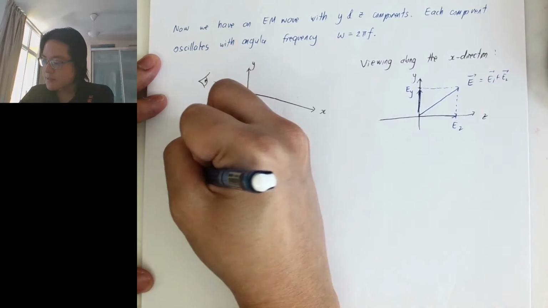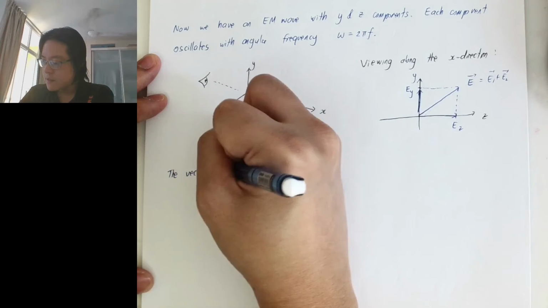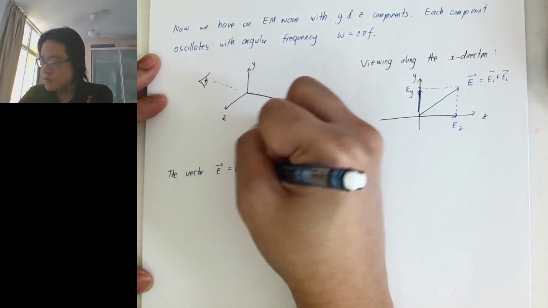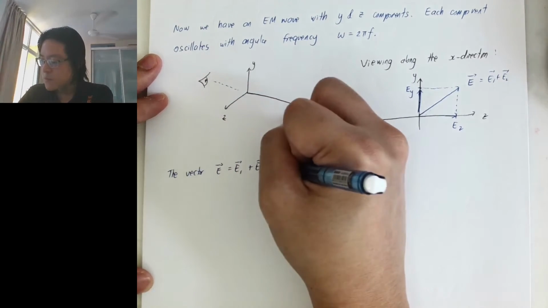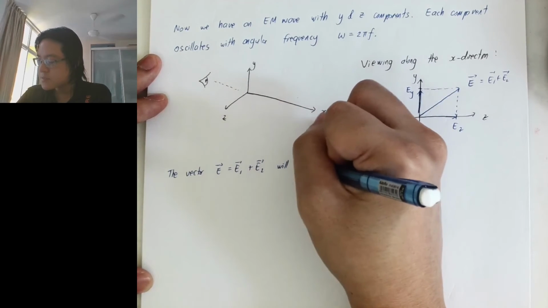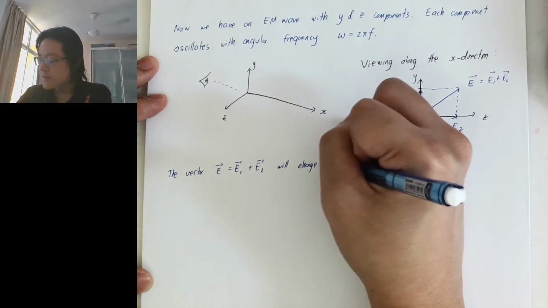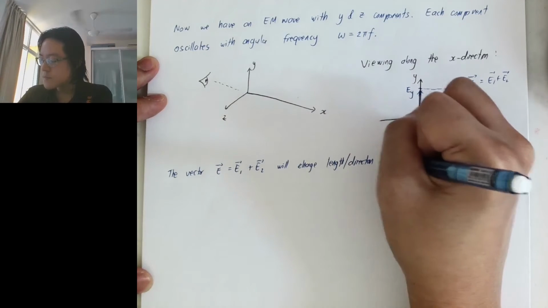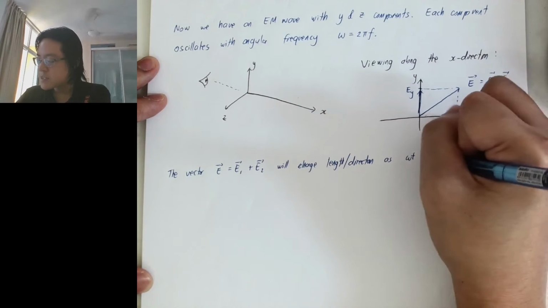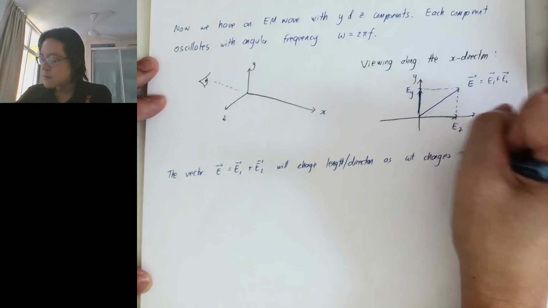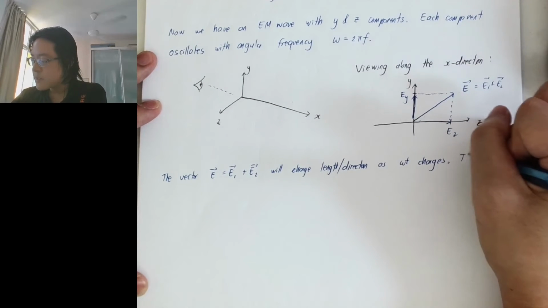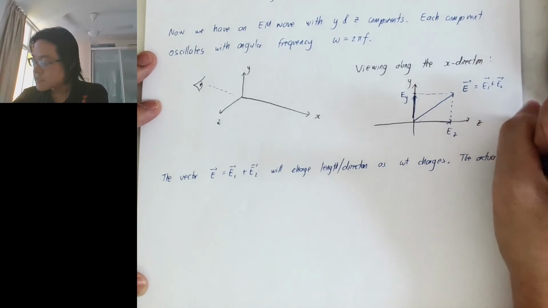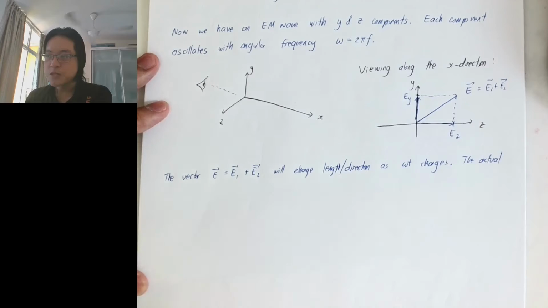The vector E is E1 plus E2, and it will change length and direction as omega t changes, right? And the actual behavior depends on the phase difference, which we will only study two cases.